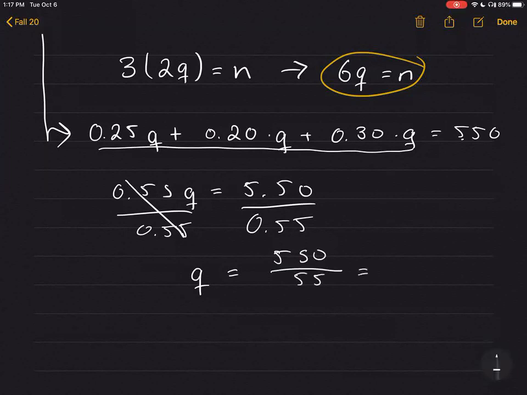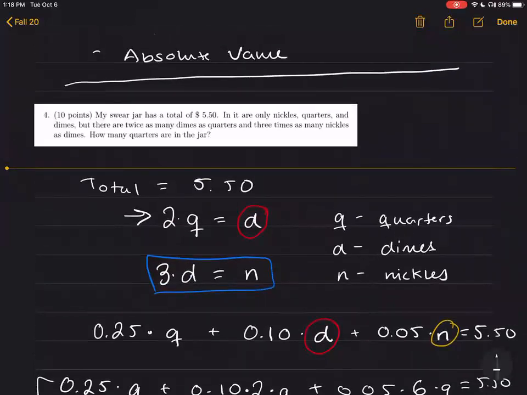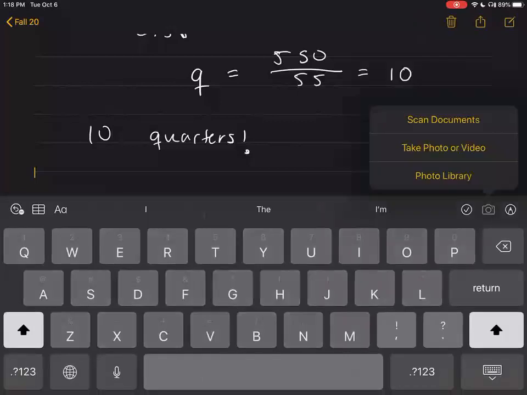And then this should give me 10. Yes. So we know that there are 10 quarters. Very good. Excellent. So that is how you would do a coin problem like this. Okay, let's look at another problem.